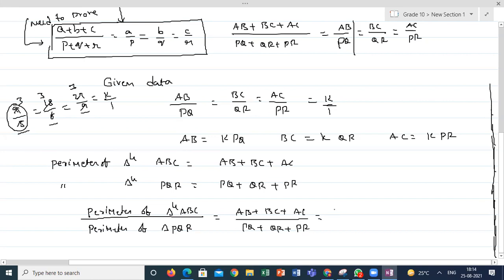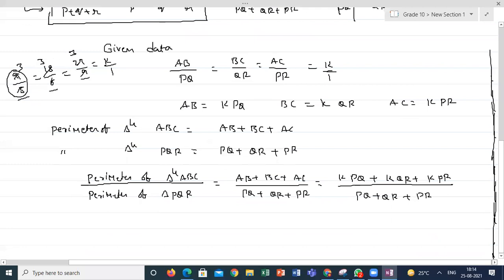That will be, AB can be written as K times PQ plus K times QR plus K times PR, divided by PQ plus QR plus PR. I am taking the K common, PQ plus QR plus PR divided by PQ plus QR plus PR. So what I'm getting, this is also K.